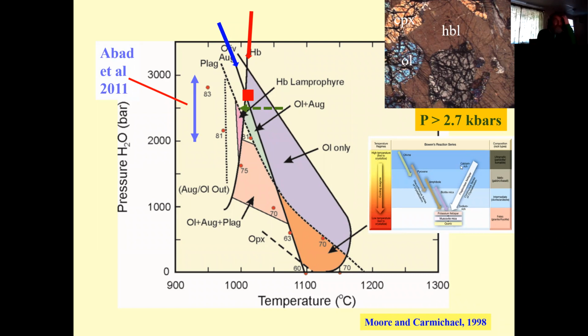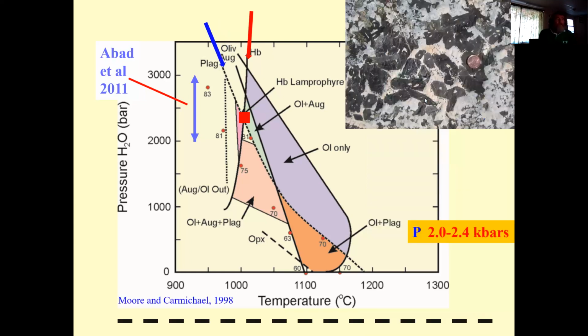So this is telling us perhaps that if plagioclase is not on the liquidus for the ultramafic rocks, the hornblendes crystallize at pressures greater than 2.7 kilobars, whereas the ones with plagioclase on the liquidus are telling us that they crystallize at lower pressures. So some of the hornblendes, at least, were transported up from depth, probably.